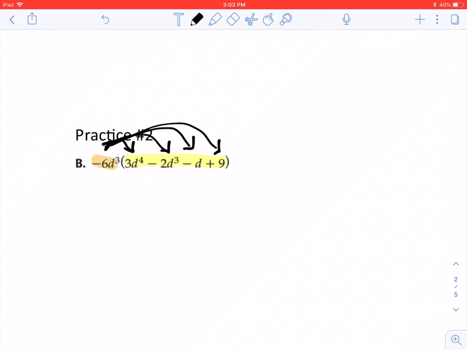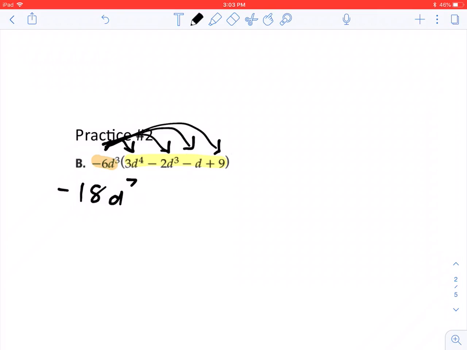So negative 6d to the 3rd times 3d to the 4th. Negative 6 times 3 is negative 18. D to the 3rd times d to the 4th is d to the 7th. Then we have negative 6d to the 3rd times negative 2d to the 3rd.